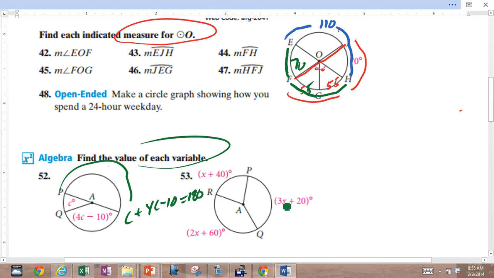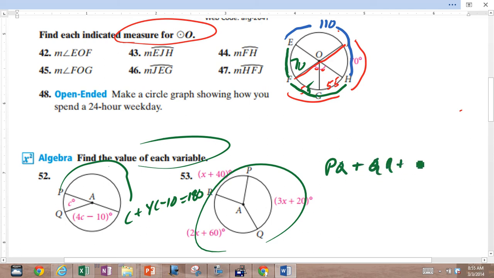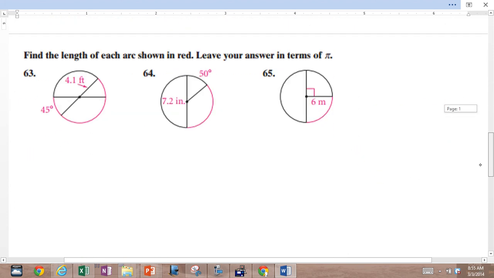Simple enough to solve. All these arcs, that is, arc PQ plus arc QR plus arc PR, are equal to 360. So just put the terms in terms of x and solve for x.